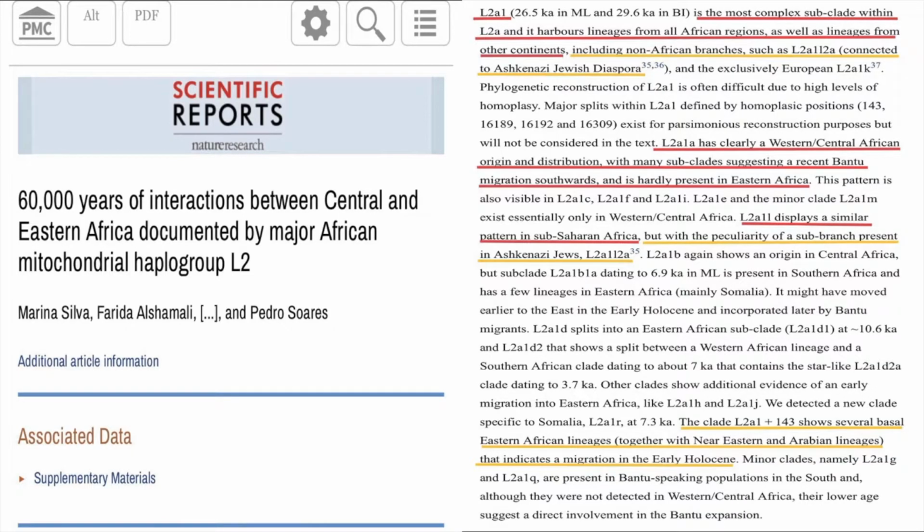L2a1 has clearly a Western/Central African origin and distribution, with many subclades suggesting a recent Bantu migration southwards, and is hardly present in Eastern Africa. L2a1 displays a similar pattern in sub-Saharan Africa.